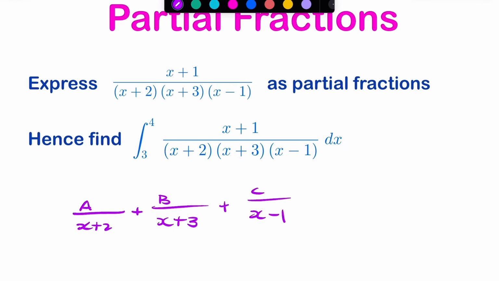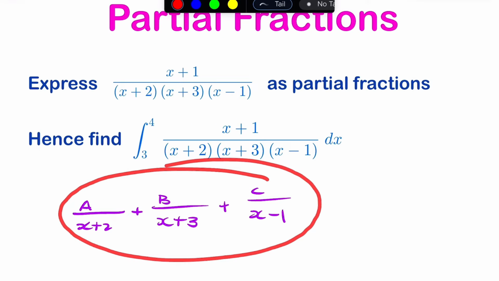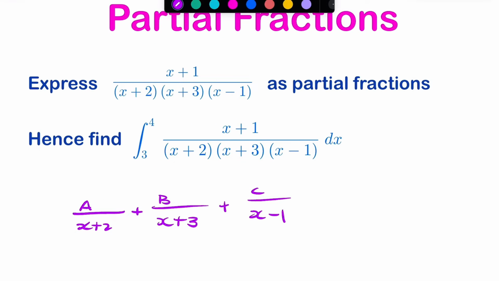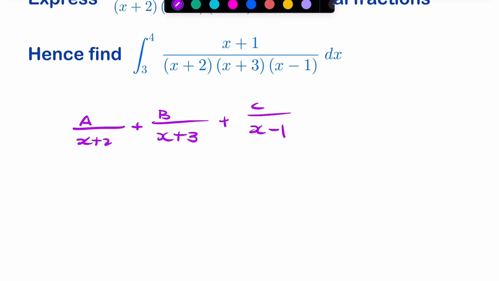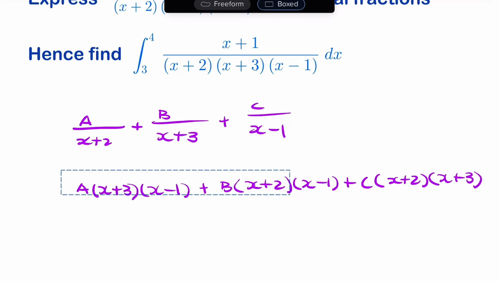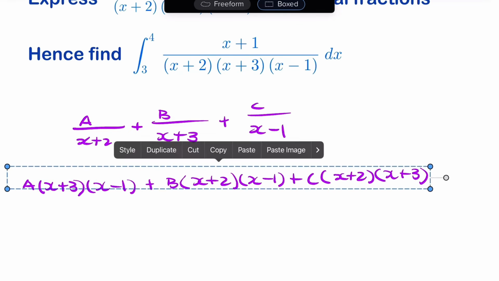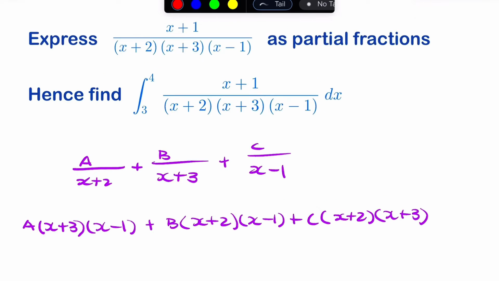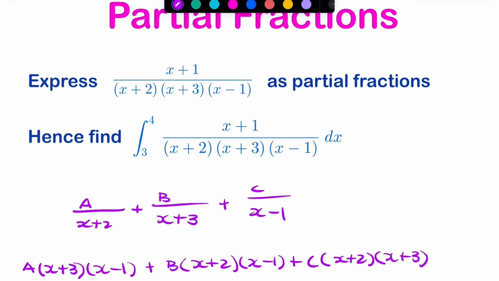Now what you want to do is form some expression that links this to the numerator. So we can use a common denominator and say a times (x plus 3)(x minus 1), plus b times (x plus 2)(x minus 1), plus c times (x plus 2)(x plus 3), and all of that should be equal to our numerator, x plus 1.